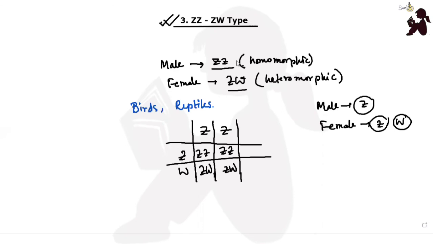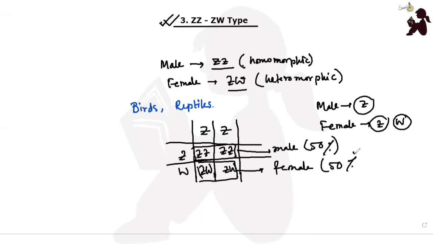So here the ZZ and ZZ of the first row will be male, so 50%, and the ZW and ZW will be female, 50%. Okay, so this was all about the ZZ-ZW type of sex determination.